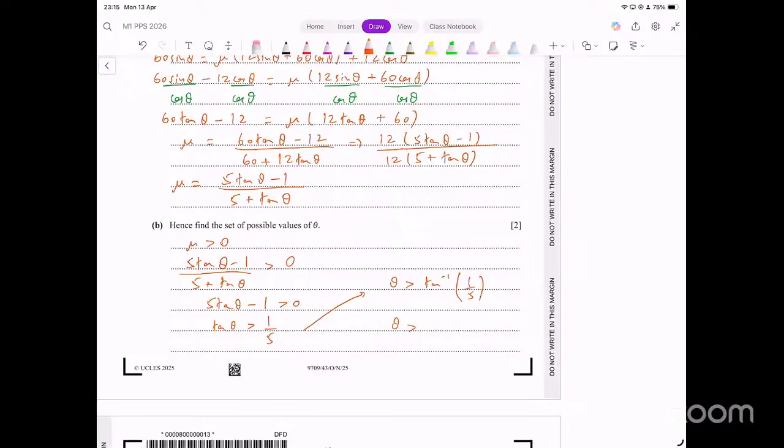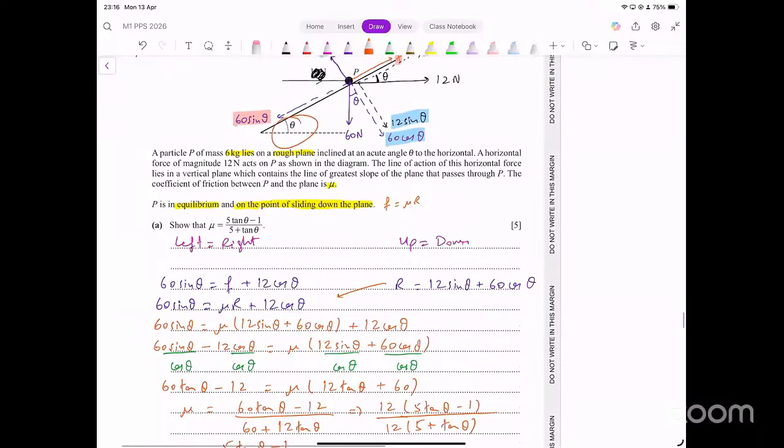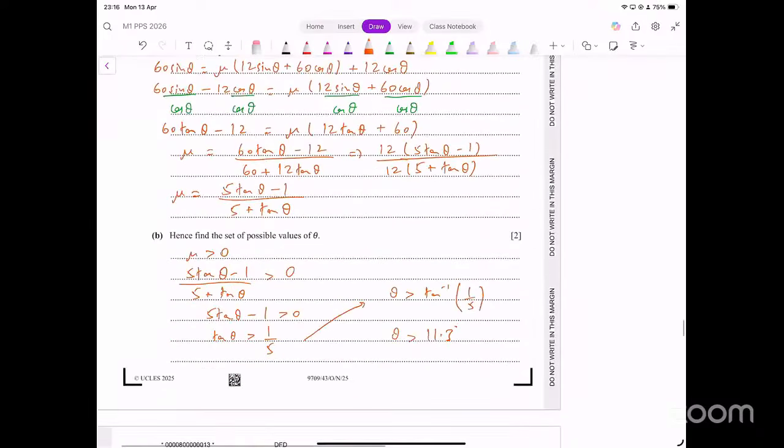What do we get from this? Tan inverse of this? 11.3 degrees. Theta should be greater than 11.3 degrees. And of course, it's an acute angle, so it should be less than 90 as well.